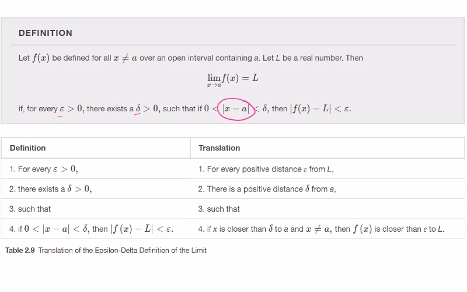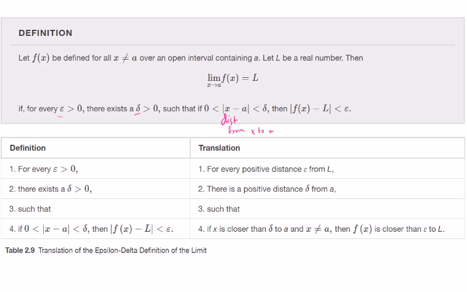This absolute value of a difference is the distance from one point to the other, from x to a, or a to x. The absolute value of a difference is always the distance from one number to the other.